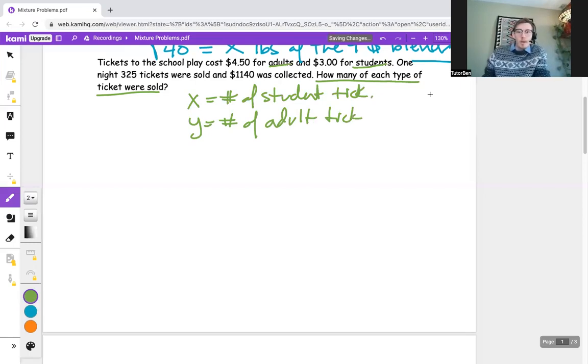All right. So from here, because there's two variables, we know we're looking for two equations. Those two equations are always going to reflect the units that we're talking about. So the two units that we're talking about are dollars and number of tickets.